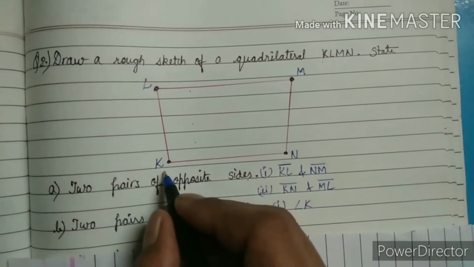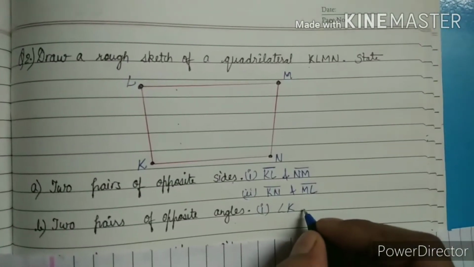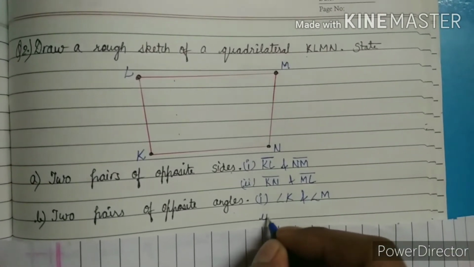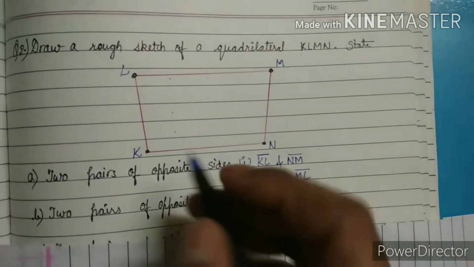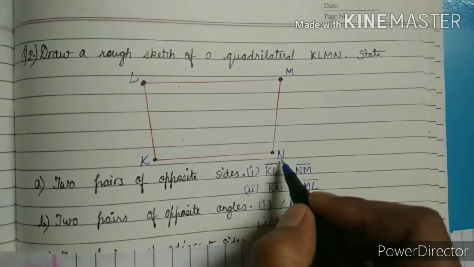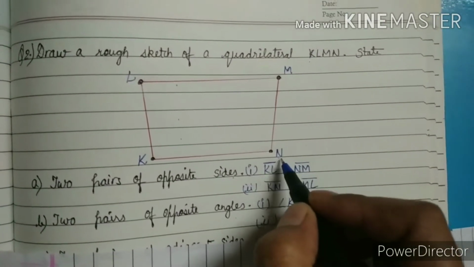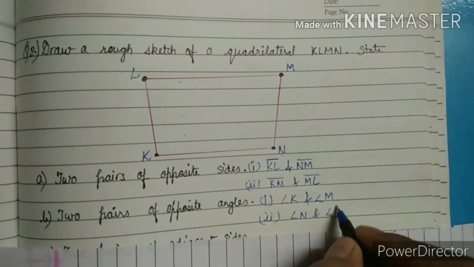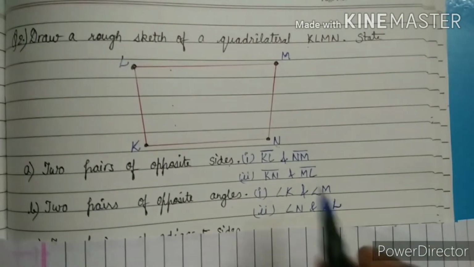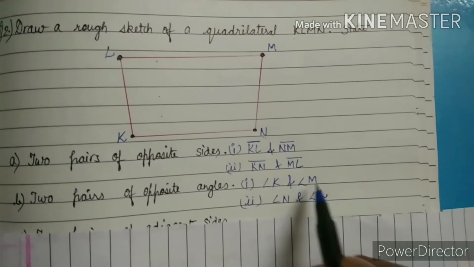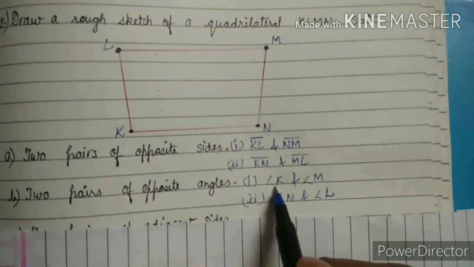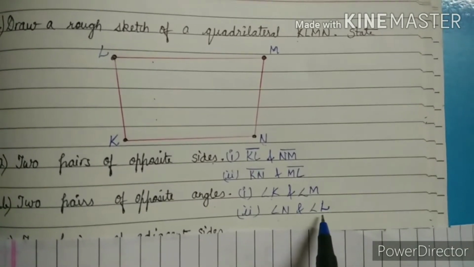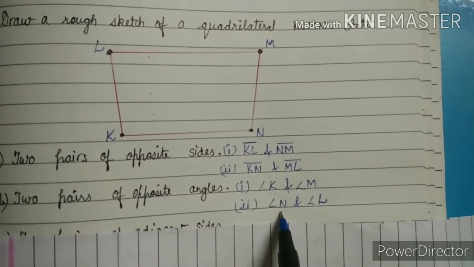So angle K opposite is angle M. Second is angle N. Who is the opposite of angle N? Angle N opposite is angle L. Okay, so angle K opposite is angle M, angle M opposite is angle K, and likewise angle N opposite is angle L, angle L opposite is angle N.